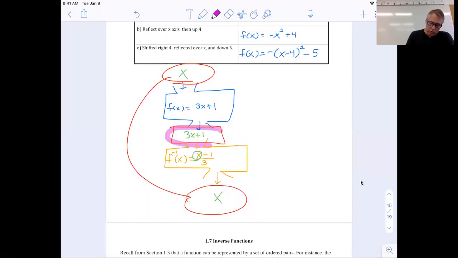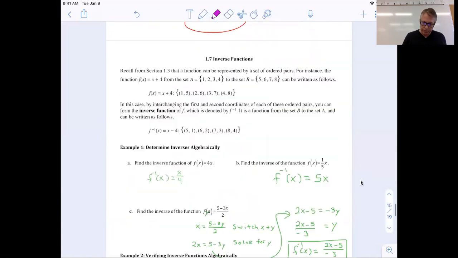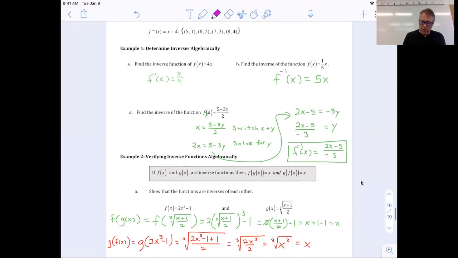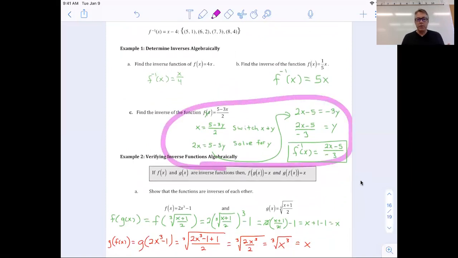And here, that's the range of the function, which is the domain of its inverse. So one method for finding what an inverse is, is to set y equal to that, switch the x's and y's, and solve for y.